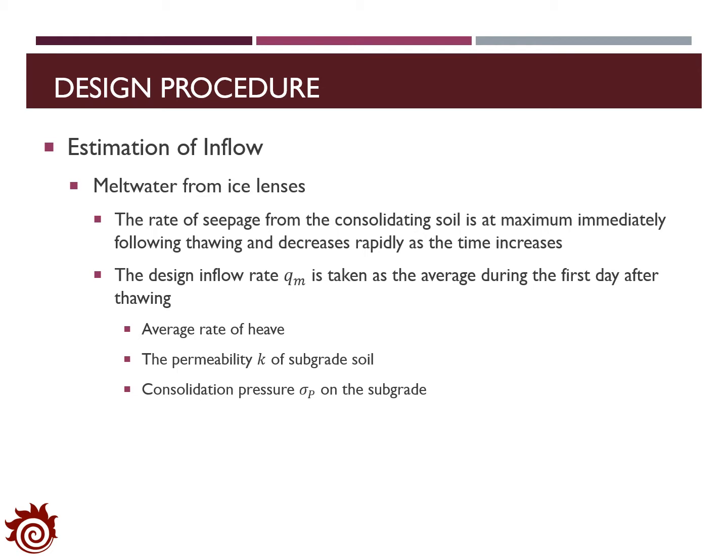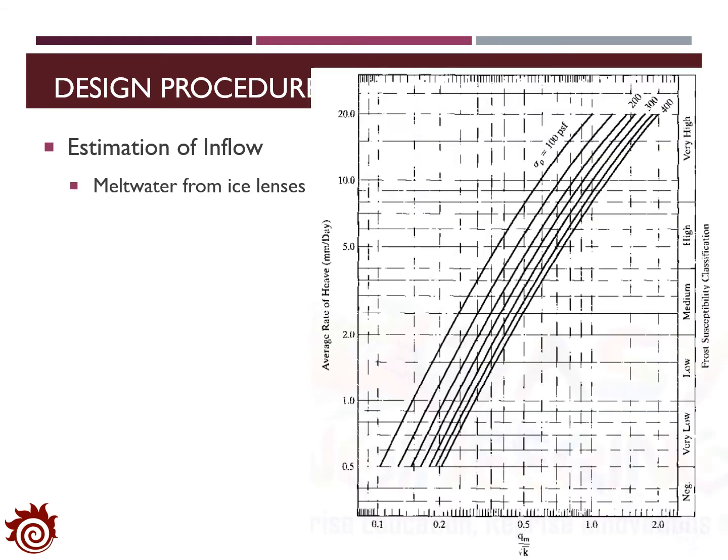And the value of Qm is determined by the average rate of heave, the permeability k of the subgrade soil, and consolidation pressure sigma p on the subgrade. The figure here shows the relationship between the inflow rate of the meltwater seepage Qm and the average rate of heave, consolidation pressure, and permeability of the soil.